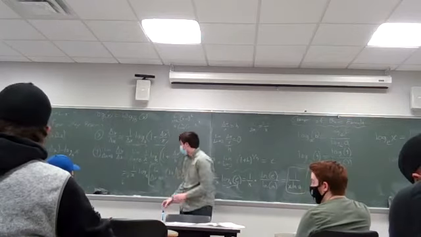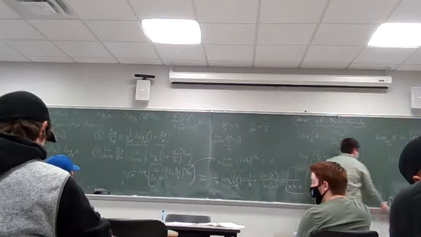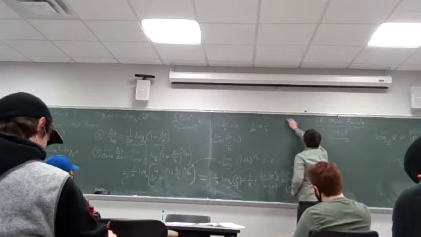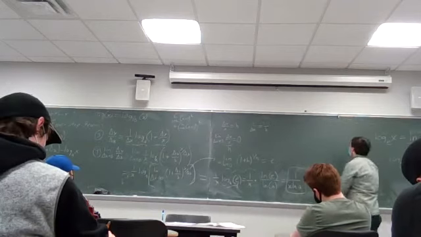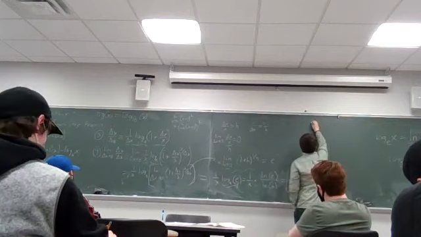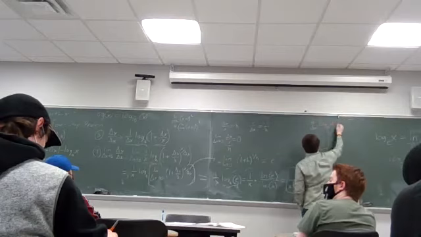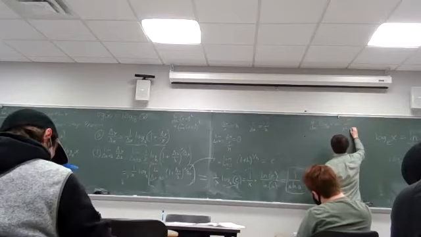And to reiterate that, I'll write all this for the people online as well. I'll use this change of base formula. Okay. If I have log base a of x, the derivative of this is going to be 1 over x times the natural log of a.